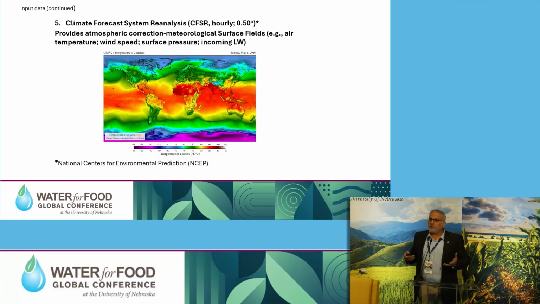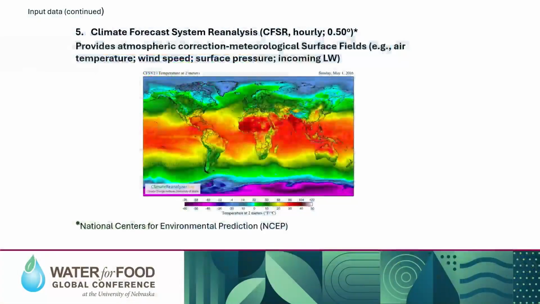Also, ALEXI requires meteorological data for atmospheric correction, like air temperature, wind speed, surface pressure, and incoming long-wave radiation, and those we can obtain from the Climate Forecast System Reanalysis, CFSR. I'm sure many of you are familiar with that. That's a global daily product at 0.5 degree resolution, provided by NCEP.